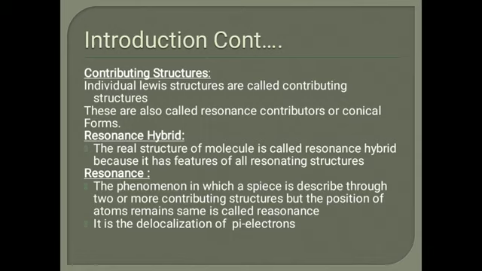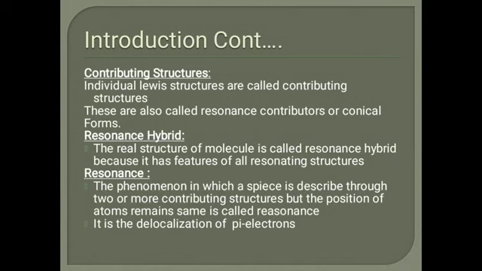We also call them resonance contributors or canonical forms. Then the second one is resonance hybrid. The real structure of a molecule is called resonance hybrid because it has the features of all the resonant structures, as we discussed before.